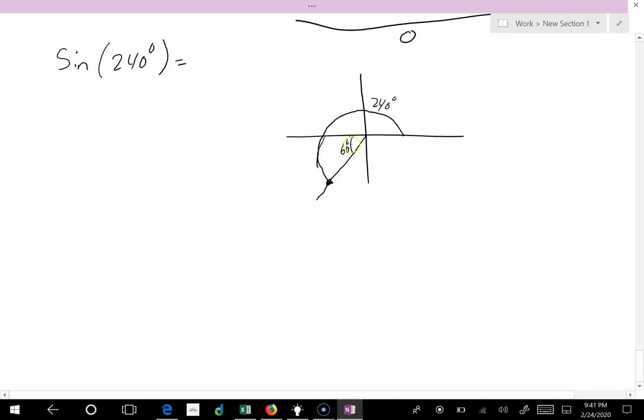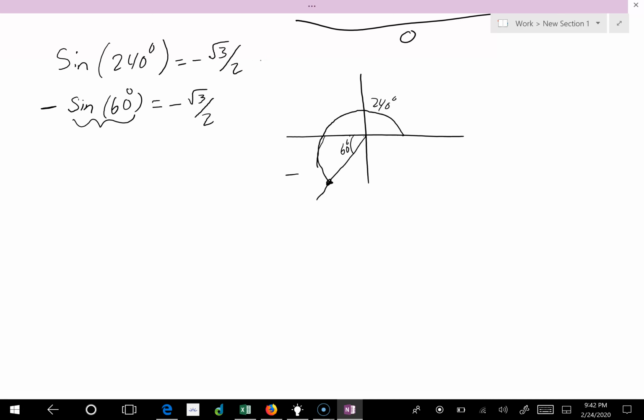And then 60 degrees of reference angle. We know that sine in this quadrant is negative. So this is equivalent to negative sine of the reference angle. So again, negative is only here because it's in the third quadrant. So that is equal to, you memorize, sine of 60 is root 3 over 2. So this is negative root 3 over 2. So the original answer is negative root 3 over 2.